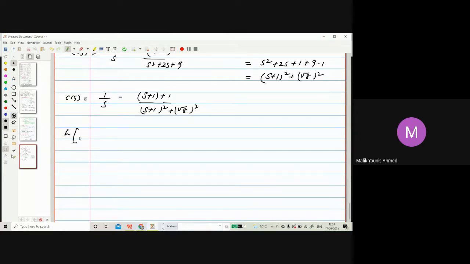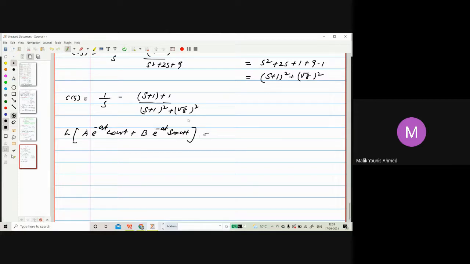Laplace of, I'm adding both cos and sin, please remember your mathematics, e^(-at) cos(ωt) plus b e^(-at) sin(ωt).